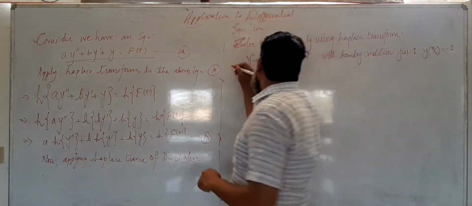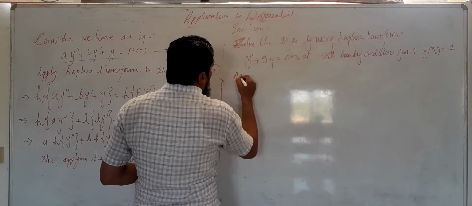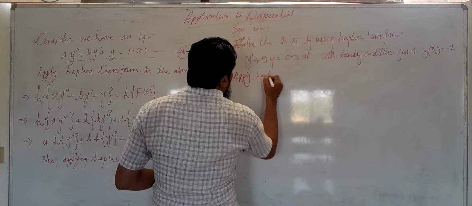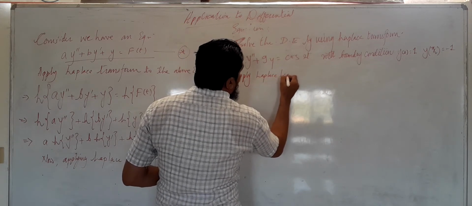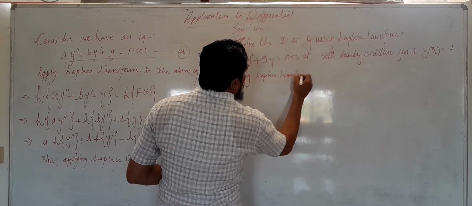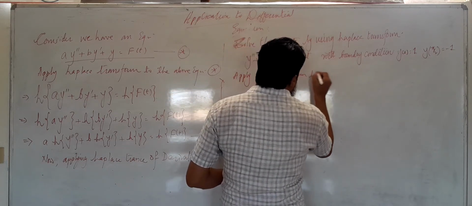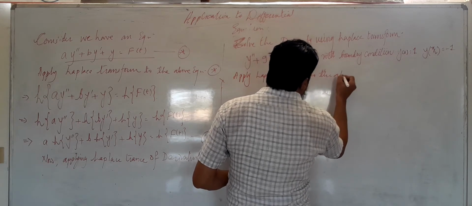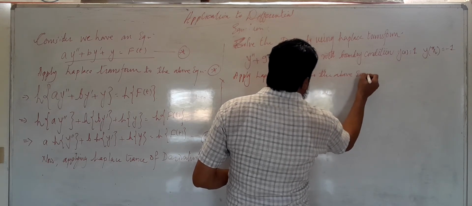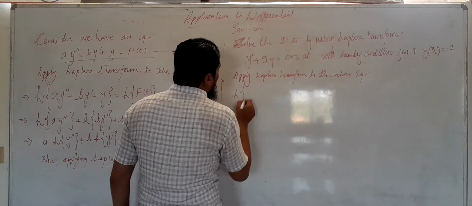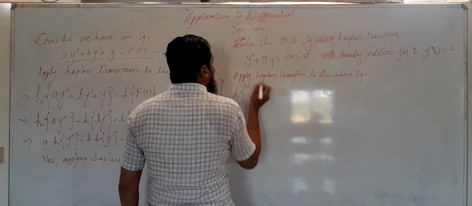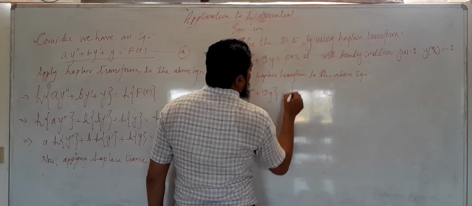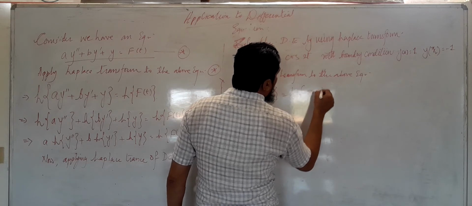So, apply Laplace transform to the whole equation. We will get Laplace transform of y double dash, small y double dash, plus 9y, and Laplace transform of cos 2t.